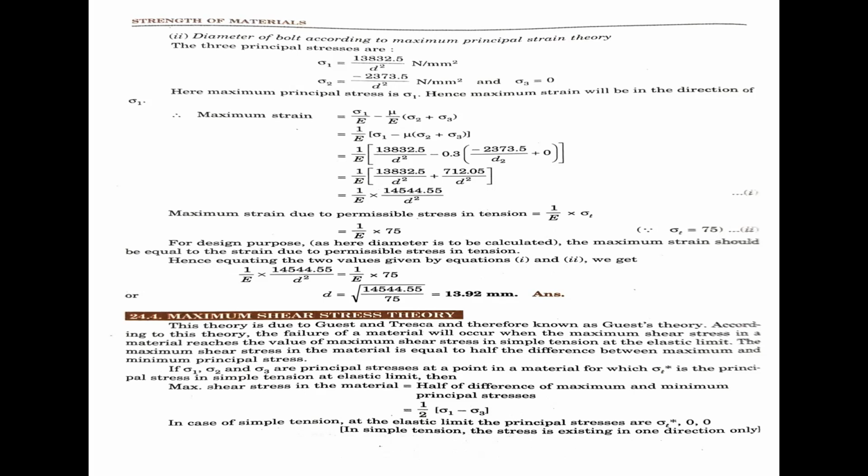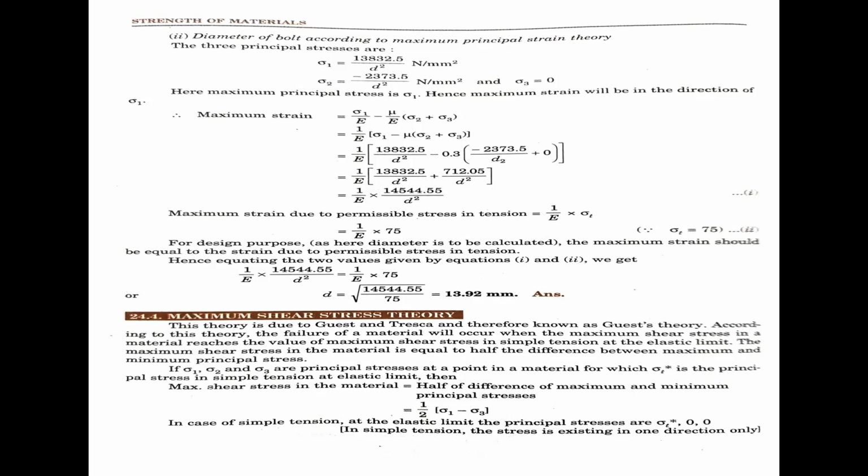If sigma 1, sigma 2, sigma 3 are principal stresses at a point in a material for which sigma t star is the principal stress in simple tension at the elastic limit, the maximum shear stress in the material is given by the difference between maximum and minimum principal stresses, sigma 1 minus sigma 3. In simple tension at the elastic limit, the principal stresses are sigma t star, 0, 0, since the stress exists in one direction only.